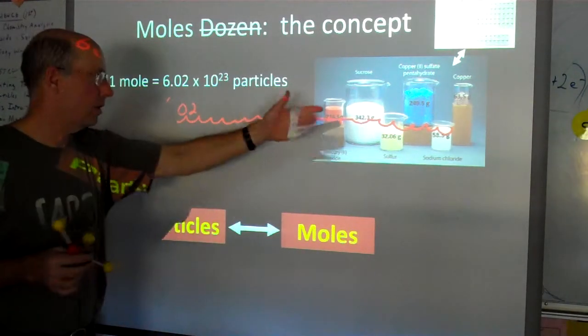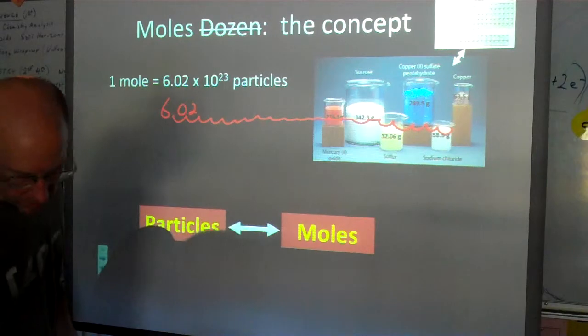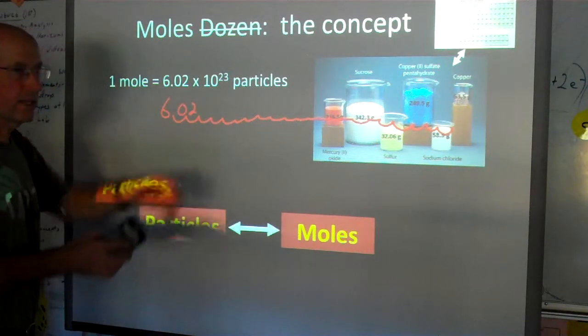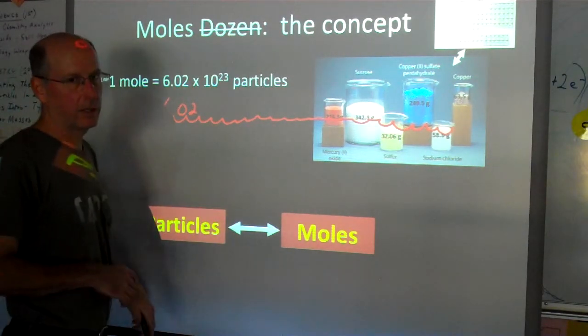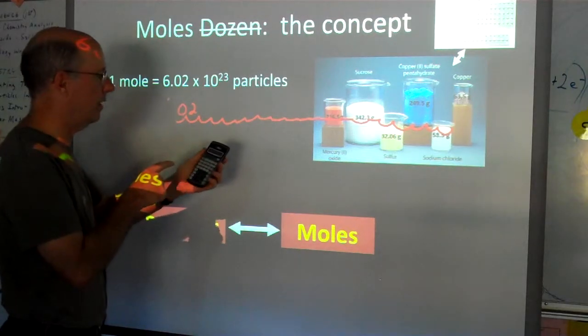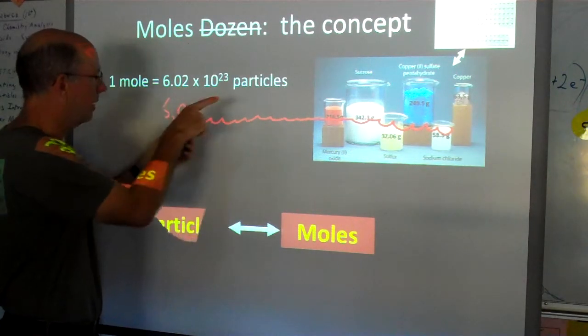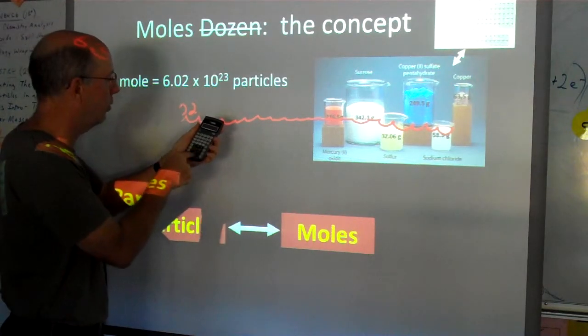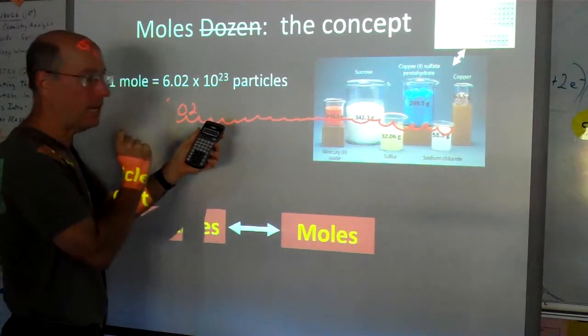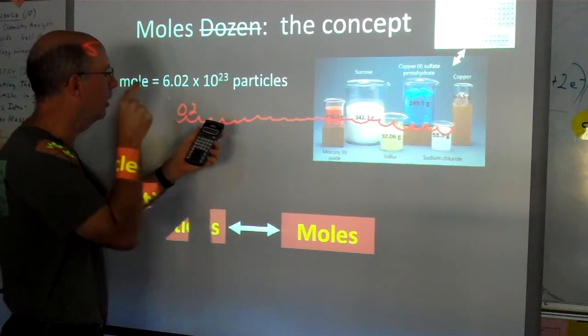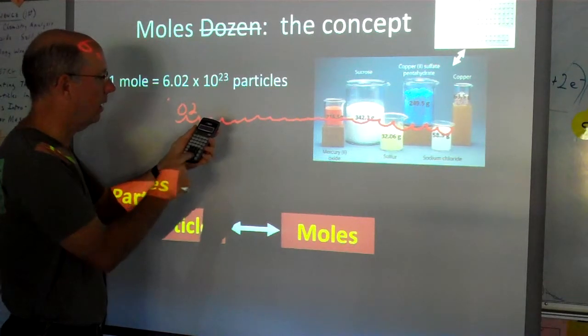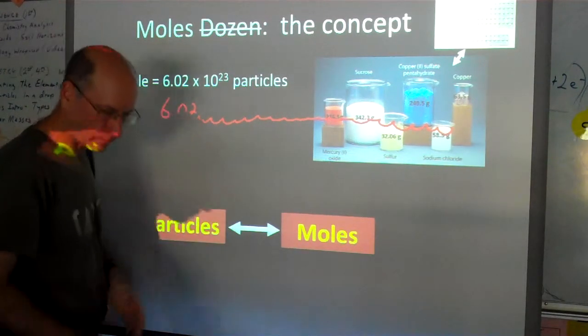So this number, it's a big number. How do you plug this into your calculator? Well, different calculators do things different ways, but most of them work like this. You'd say 6.02 times 10 to the 23rd. 6.02, find the EE button, hit it once, and then click in 23. That's how you plug this in.